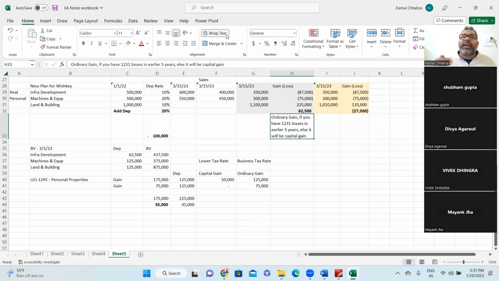So how do you treat this 62,500? If you have any losses in the previous 5 years, then first you can adjust those losses, and to that extent you consider this as ordinary gain, taxed as ordinary business income. If you do not have any past losses, then you can consider this as a capital gain, taxed at a lower tax rate. Make sense?